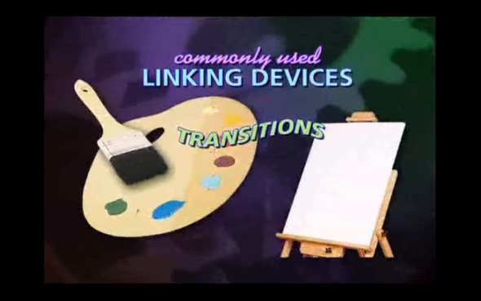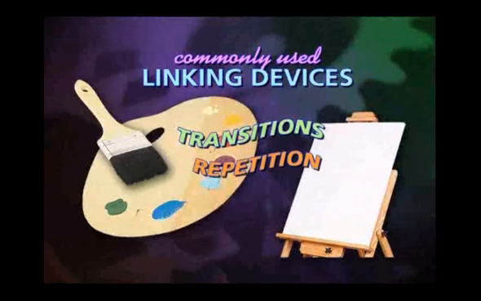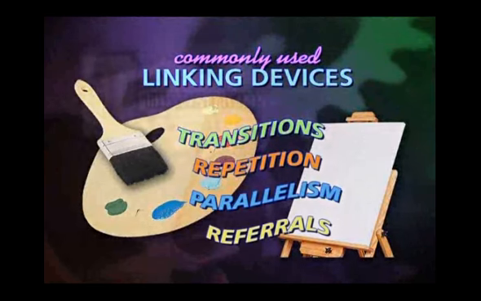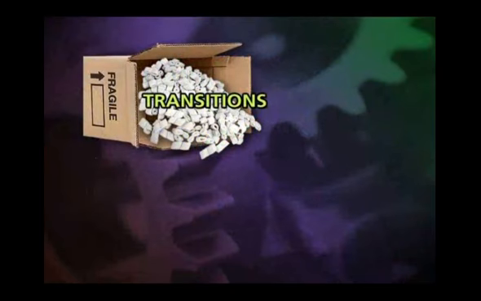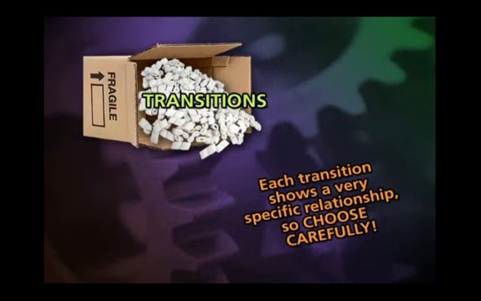So let's take a look now at how you use linking devices and some of the most common ones. They are transitions, repetition, parallelism, and referrals. Let's start with transitions. Each transition shows a very specific relationship, so you want to choose your transitions carefully.